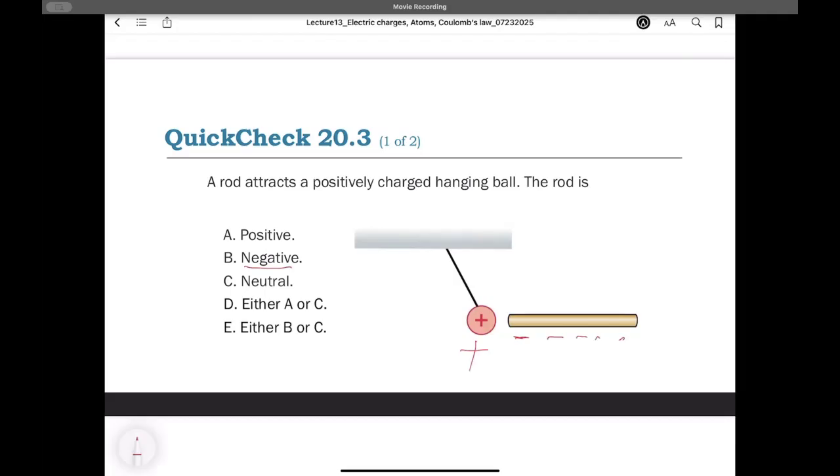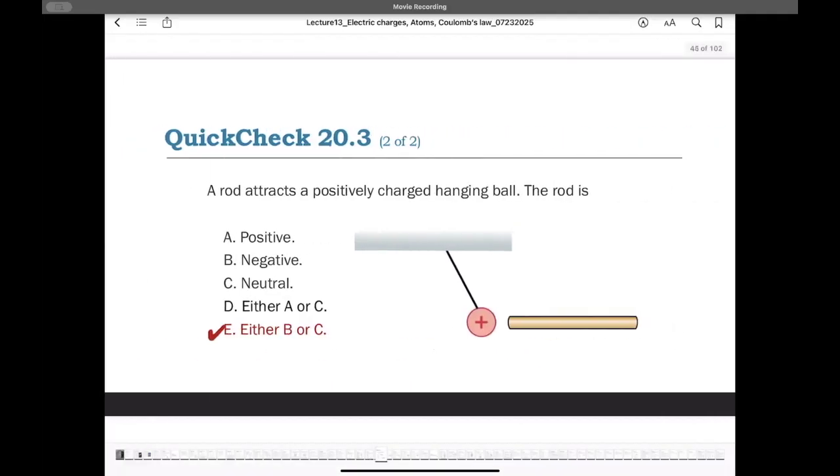Am I right? But sometimes if it is neutral, it also can be attracted, because if it is neutral it can have the polarization phenomenon, and the negative charges will be here, the positive charge will be here. So the answer should be either B or C. Does it make sense to you?